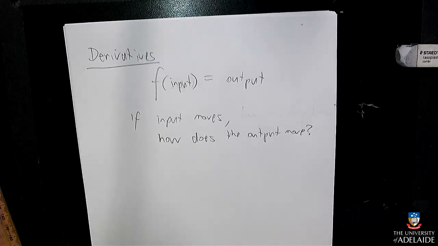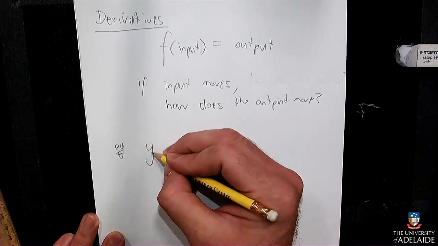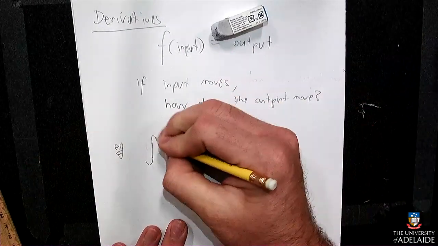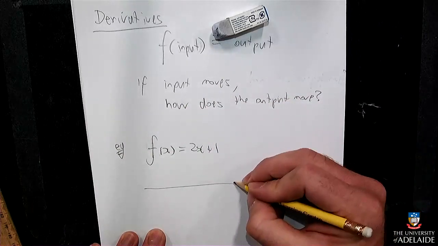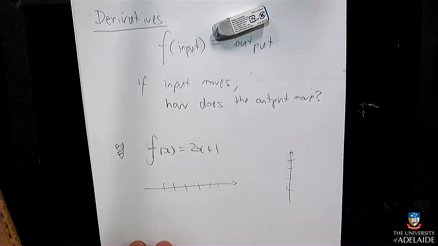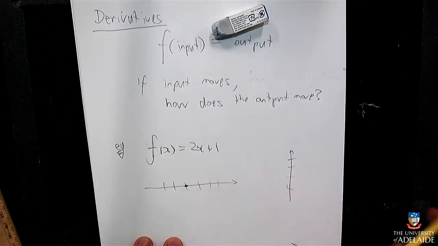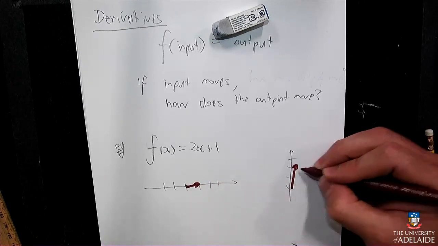Okay. So when we did derivatives, when we first learned them, we didn't learn them this way quite well, but this is what we were doing. So we imagined we had a function like f of x equals 2x plus 1, and we imagine as we move along the x-axis that we have a function value that's coming out, and we imagine that here we are at wherever we are, and if we move forward 1, this moves up 2.